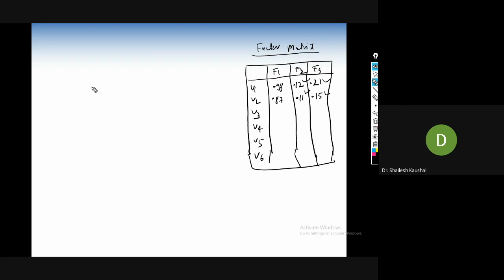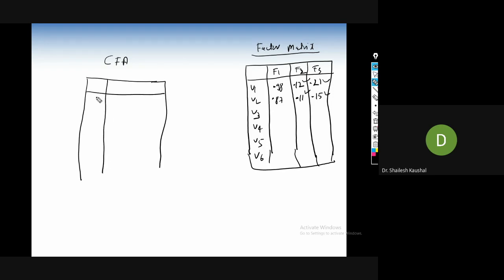But in a CFA, we assume that only these variables. What would be the factor matrix of CFA? These are the variables, and three factors F1, F2, and F3.